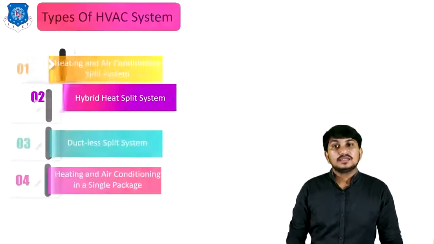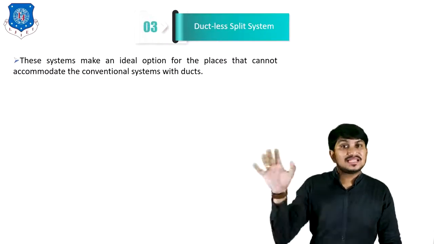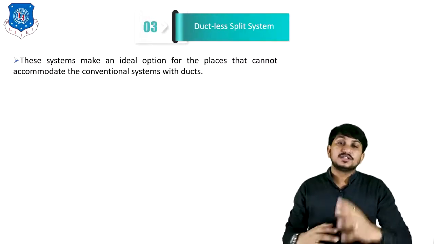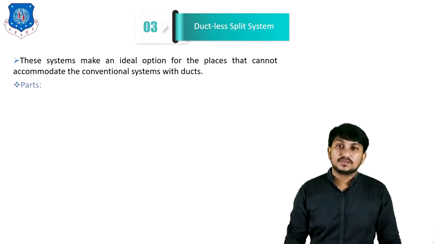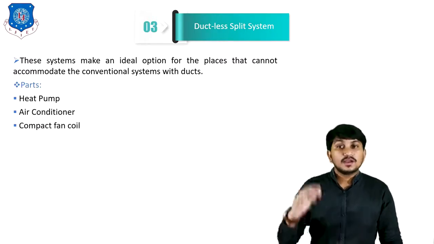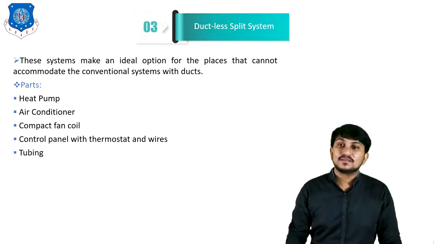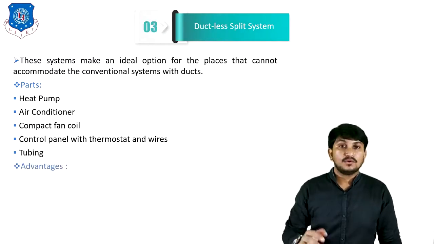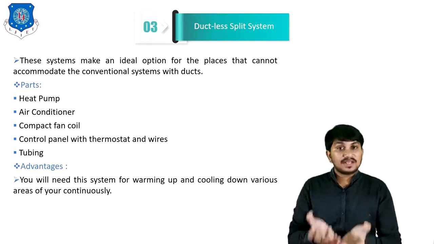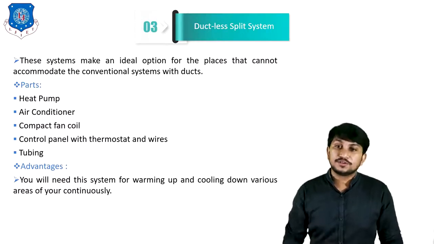The third type of HVAC system is ductless split system. This system makes an ideal option for the places that cannot accommodate the conventional system with ducts. The parts of this system are heat pump, air conditioner, compact fan coil, control panel with thermostat and wires, tubing, etc. The advantage of this system is that you will need it for warming up and cooling down various areas of your rooms continuously.